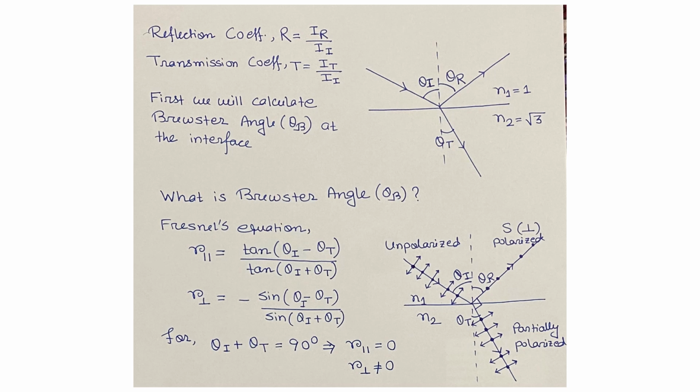According to our question, we have an interface separating two media having refractive indices n1 equals 1 and n2 equals √3.